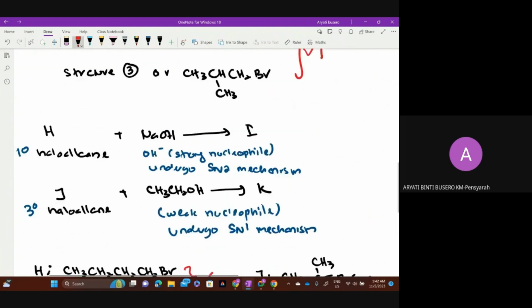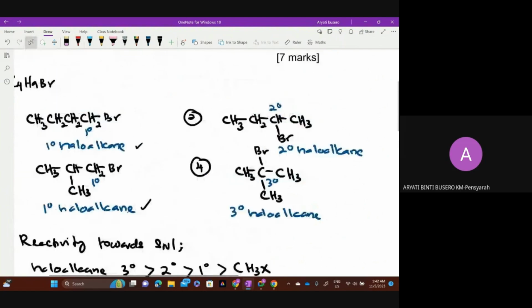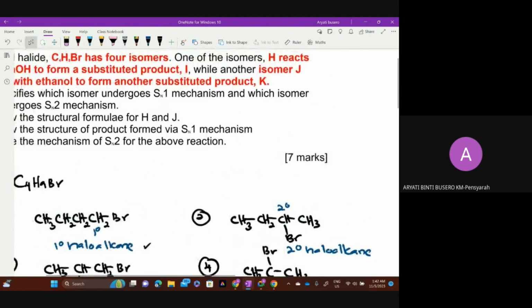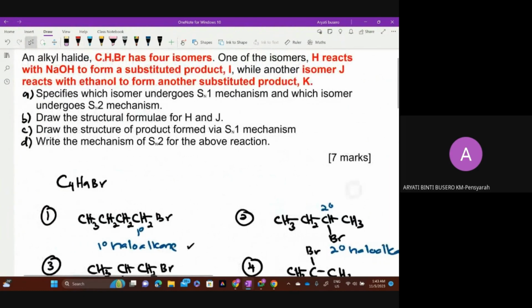So 1, 2, 3, 4. Sebab this question dia ada contribute 7 marks. So ada another 3 marks. Okay, next question is draw the structure of product formed via SN1 mechanism and write the mechanism of SN2 for the above reaction.